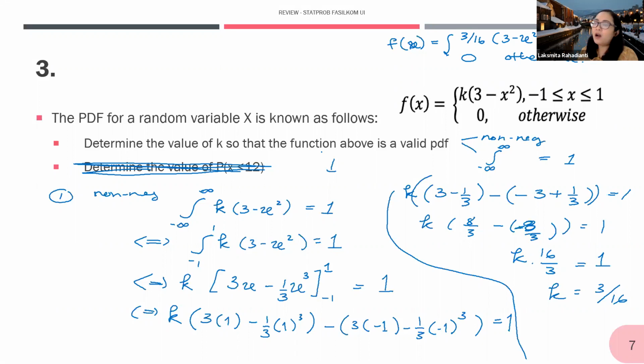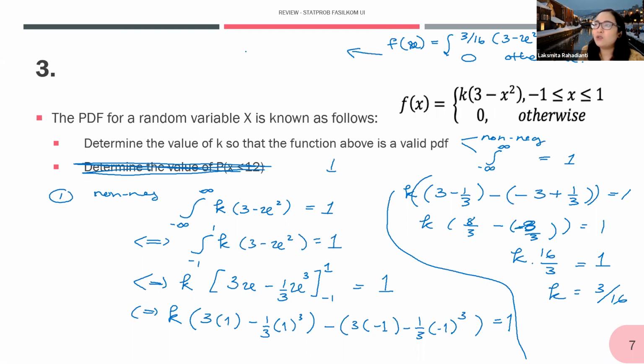So now the first, in A, I asked you to please complete the PDF. So I have the correct constant. So now I already have the correct function. The follow-up from here could be one of two things.